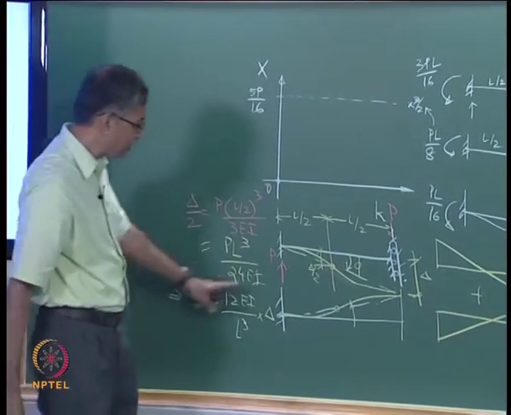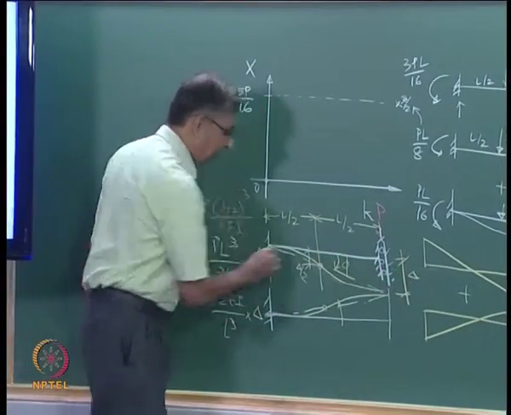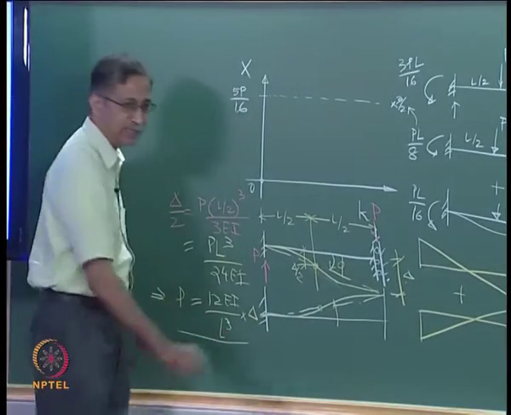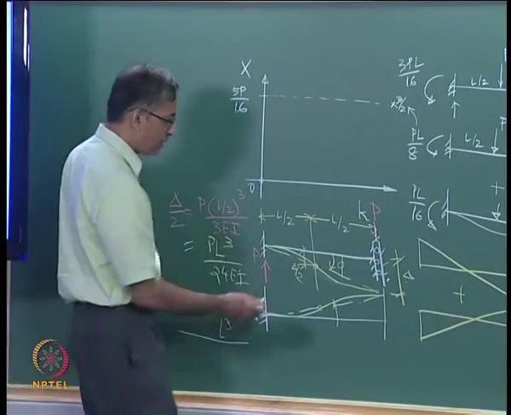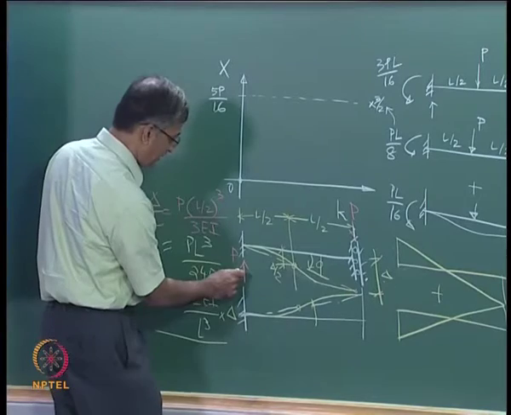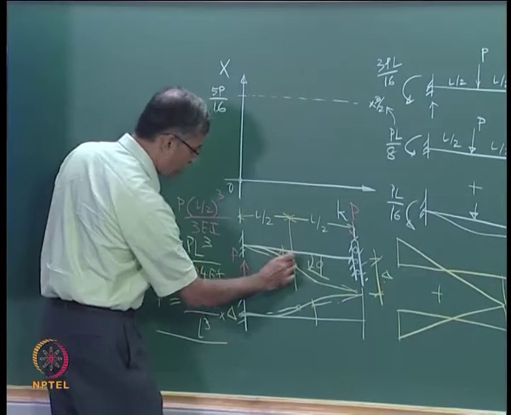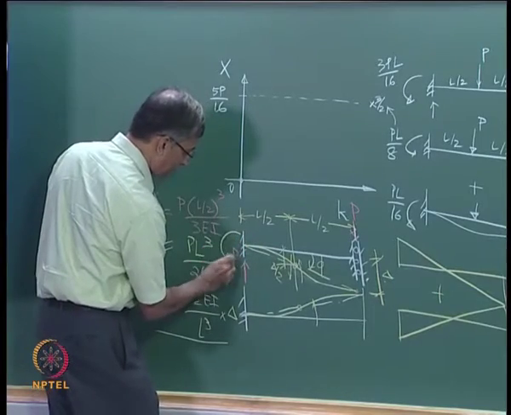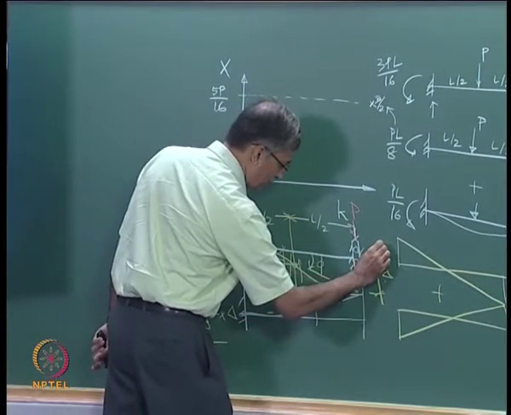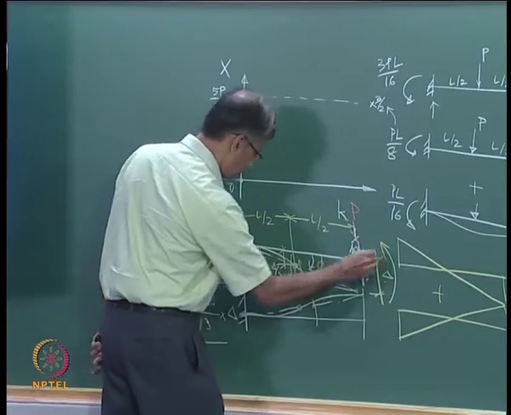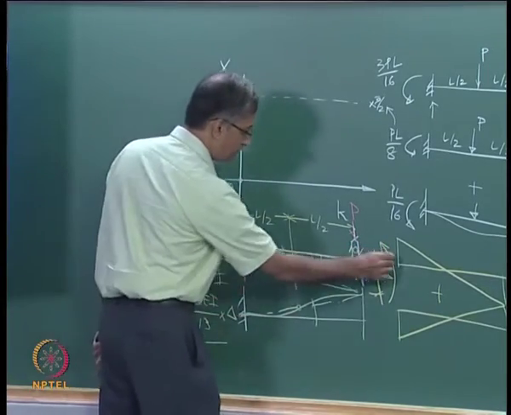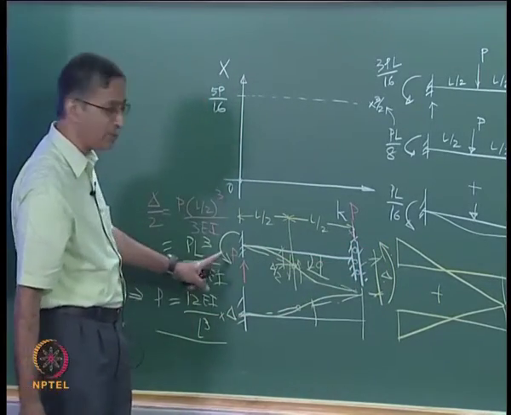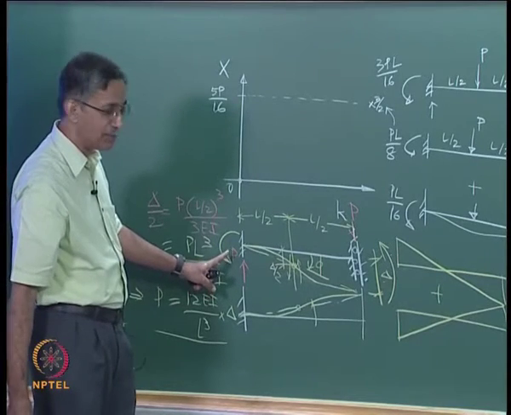So you have a relationship between this delta and this P. It is very important to remember this relationship. Now what is your moment? You get a moment here acting down, so you have shears acting down and up. You have a moment here. You also have a moment here. What are these moments going to be equal to? P into L by 2. How much does it turn out to be?